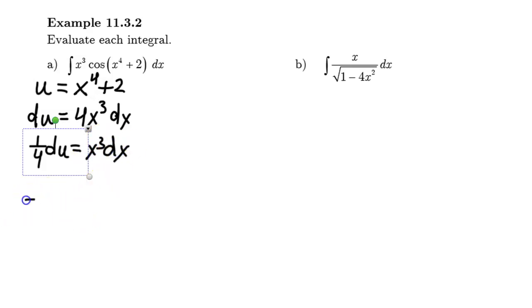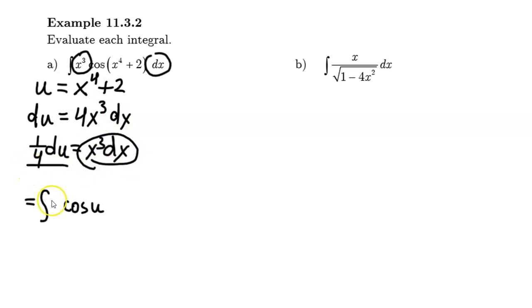So as that's the case, my integral will now become cosine of u. And then the x cubed dx part is precisely equal to a quarter du, right? So then this would be 1/4. I could put a quarter here and du right here. Simplifying this, I end up with a quarter times the integral of cos u du.